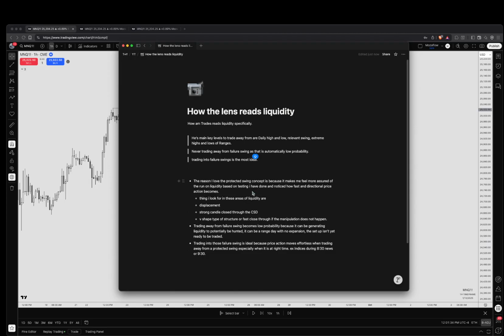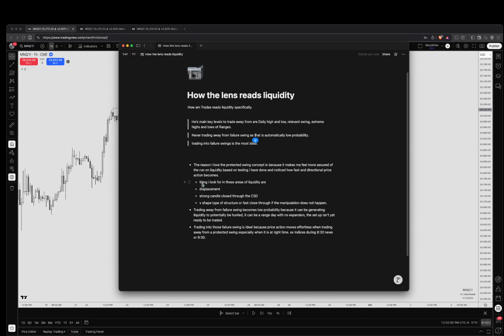The reason I love the protected swing concept is because it makes me feel more assured of the run on liquidity, based on me testing it and looking into past data and seeing how it reacts from it. It reacts very fast and directional.